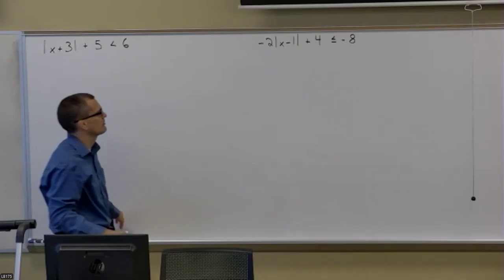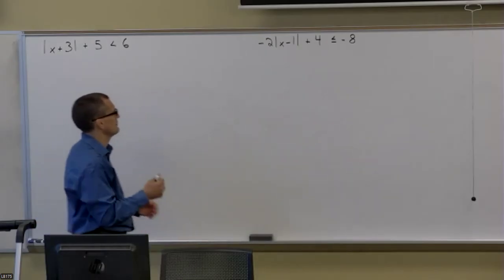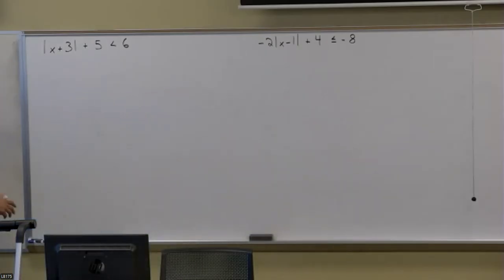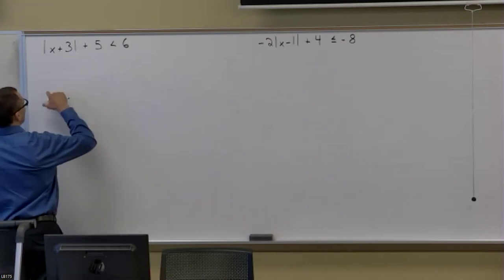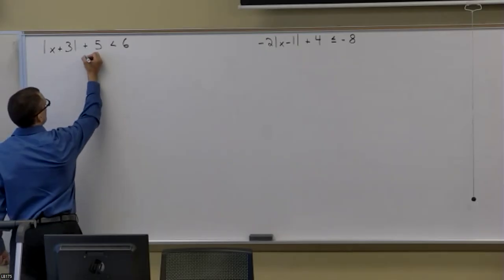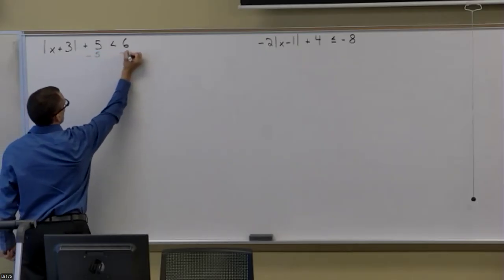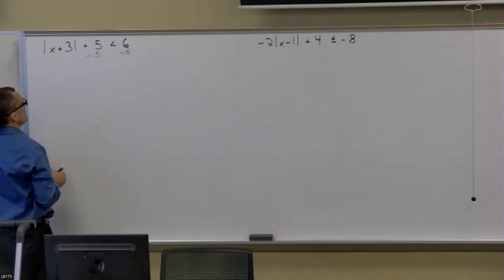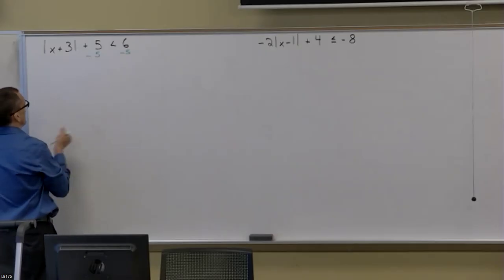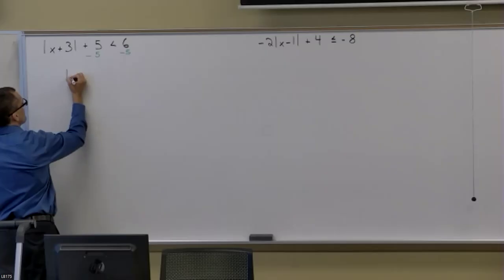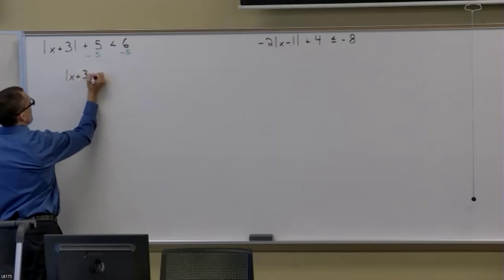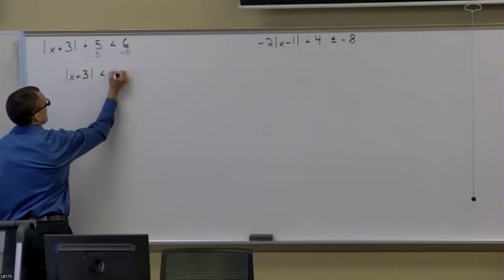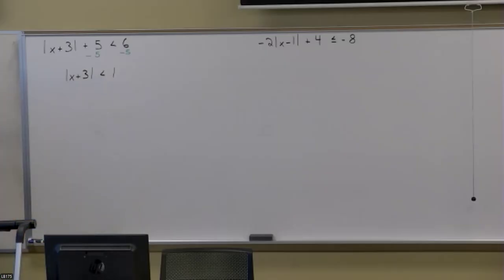All right, let me go through each of these. So first off, on this first one, to isolate the absolute value piece, we would subtract 5 from both sides. You would end up with absolute value of x plus 3 is less than 1.